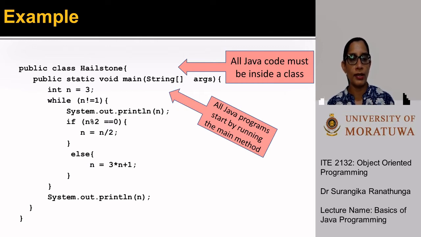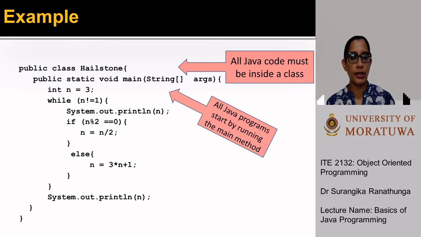So here, this class has the name Hailstone. You can have any number of classes in your program depending on the requirement of your solution. However, remember, there has to be one class that carries this special method, which you call the main, or the public static void main method.